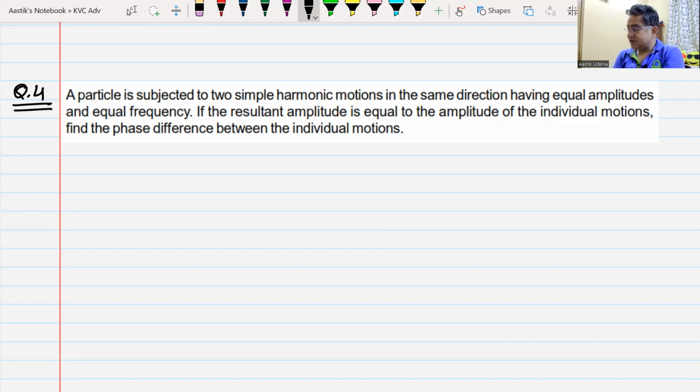A particle is subjected to two simple harmonic motions in the same direction, having equal amplitudes and equal frequency. If the resultant amplitude is equal to the amplitude of the individual motions, find the phase difference between the two. I'll give you 2 minutes to give me this answer.